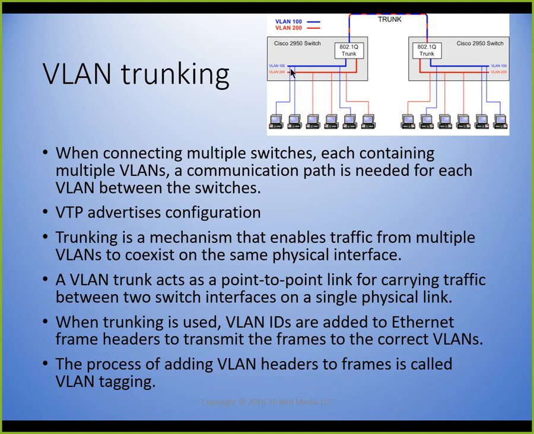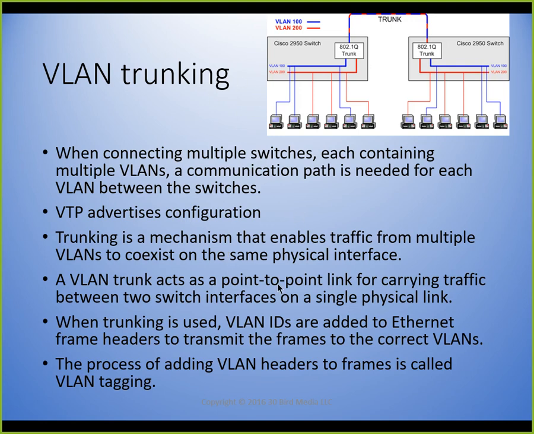It uses a trunking protocol, 802.1Q, which tags the frames as they leave the switch with the VLAN number. When it gets to the other switch, it takes that VLAN number off and puts the frame on the correct ports for that VLAN, because you saw in the configuration it knows which ports are on which VLANs.